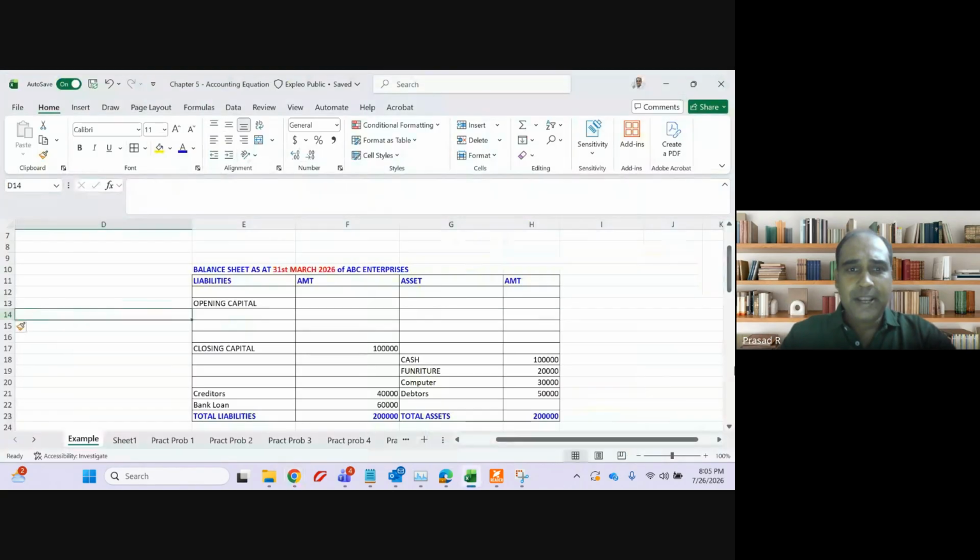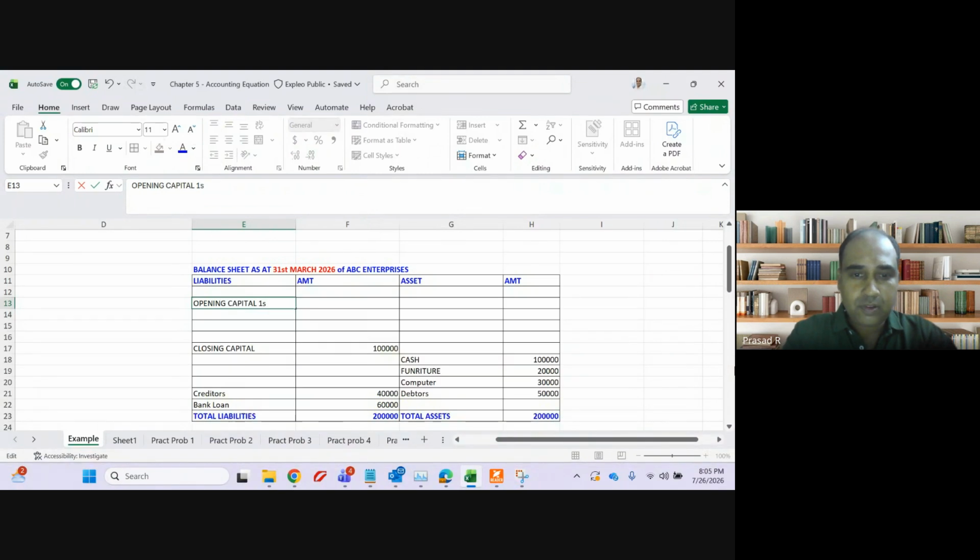In short, my opening capital as on 1st April, if I add profit, add additional capital, less drawings, I will get closing capital.